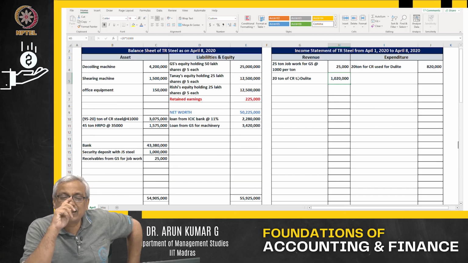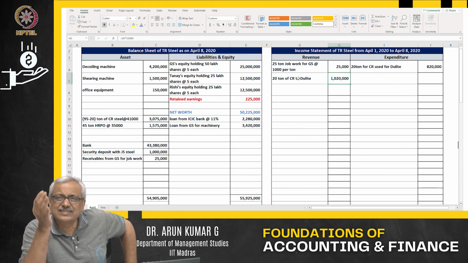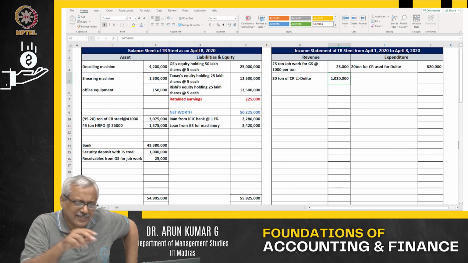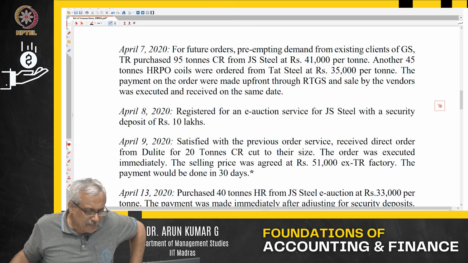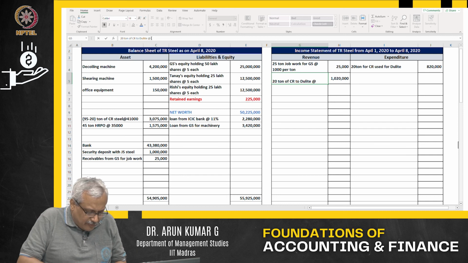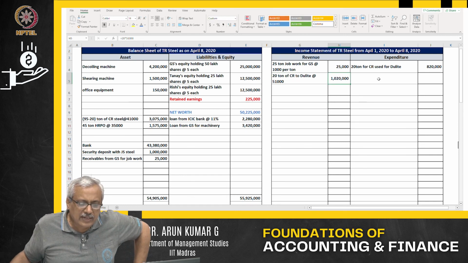The first part of the transaction was utilization: asset went down, expenditure increased. Second part of the transaction, you have made a sale. Sale means what? You have made a sale to Dulite at 51,000. What is the sale price? 51,000. Let me put it out here.